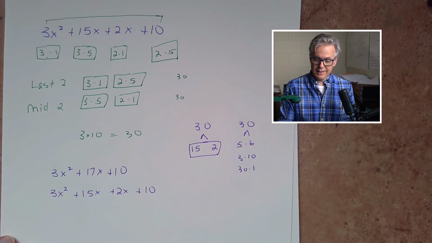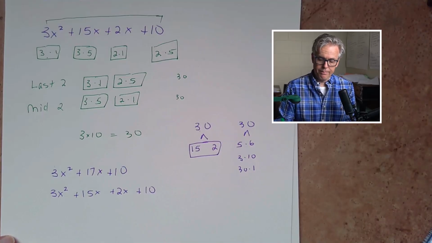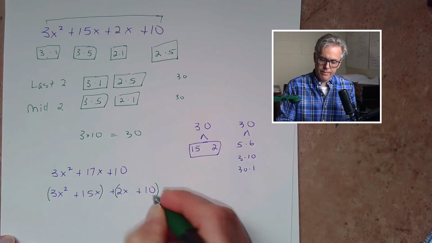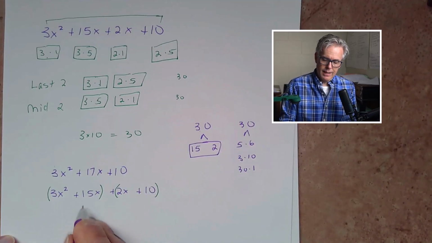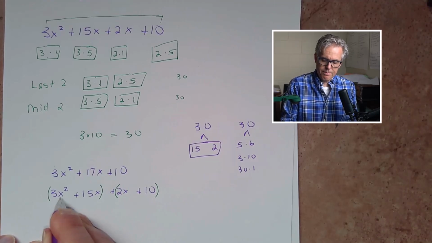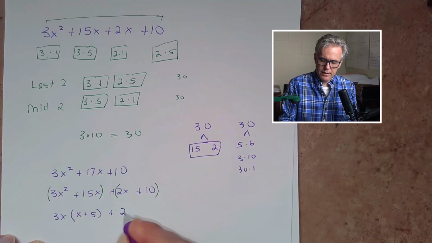Now I can use factoring by grouping. I can group each of these and then pull out the common factor in this first group: 3x. And what am I left with? I'm left with x plus 5, plus 2 times x plus 5.